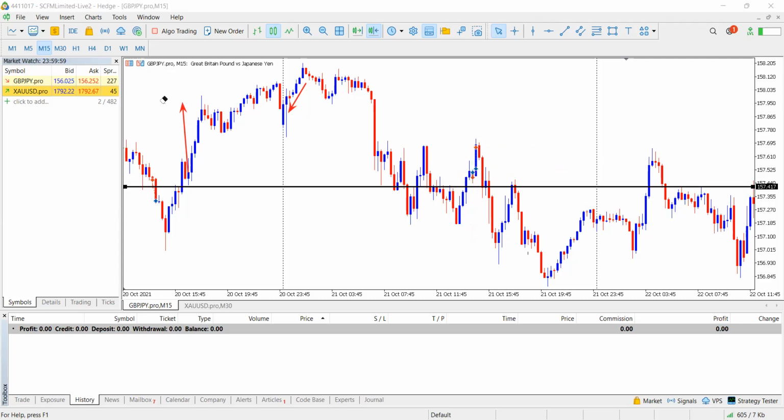Ninge lakini mileji sometimes if unaona price action au candlesticks are not forming the way you want, anza kuwa impatient with your losses. Unanielewa? Usiwe patient na losses.